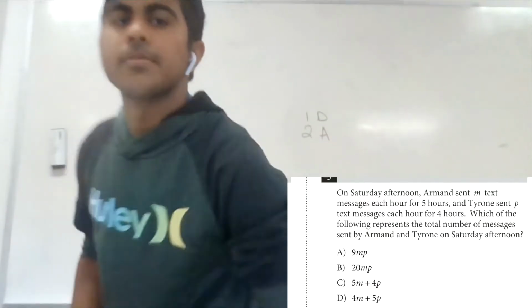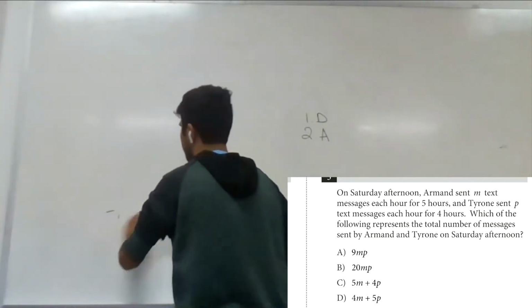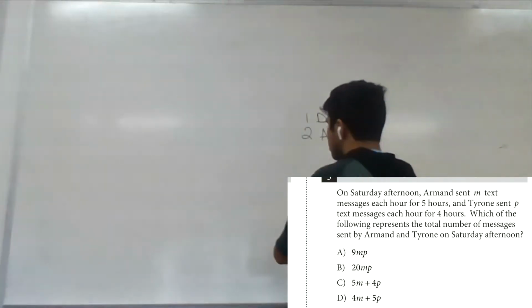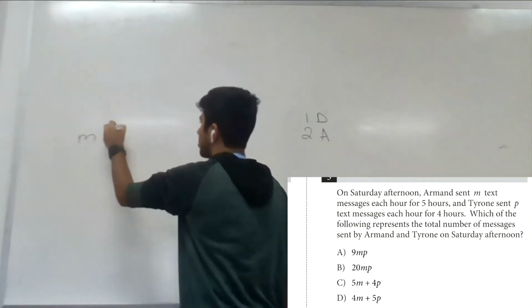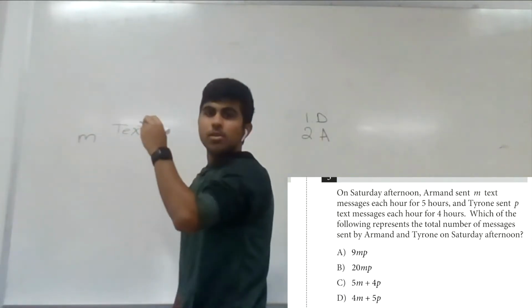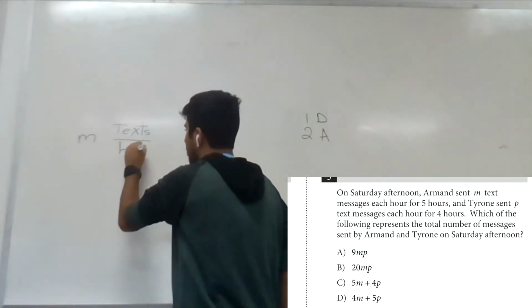Here we are. Alright, so we're told that on a Saturday afternoon, Armand sent m text messages, so m texts each hour. So m texts per hour. You can think of it like that.